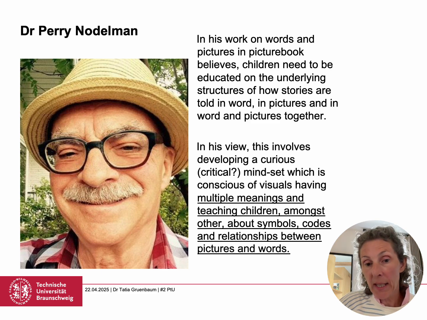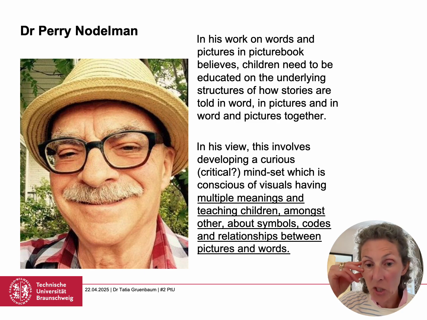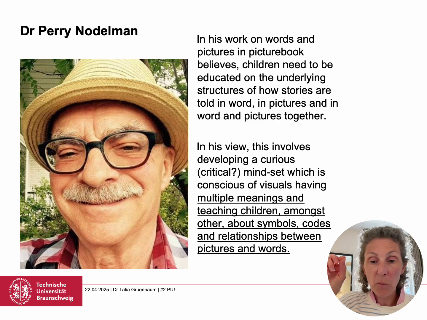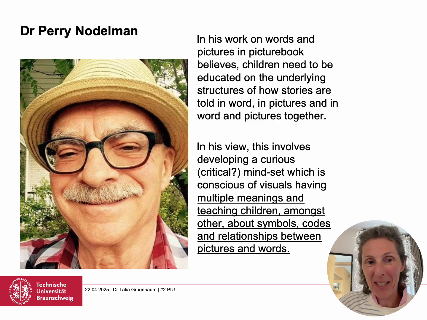He also writes that in his view, this involves developing a curious, a critical mindset, which is conscious of visuals having multiple meanings and teaching children, amongst other things, about symbols, codes, relationships between pictures and words. I've underlined the last few sentences because all of these words that I've underlined are words which you will come across a few more times throughout this session.